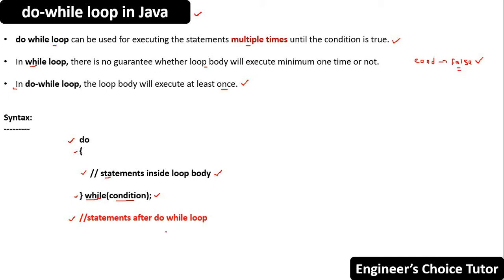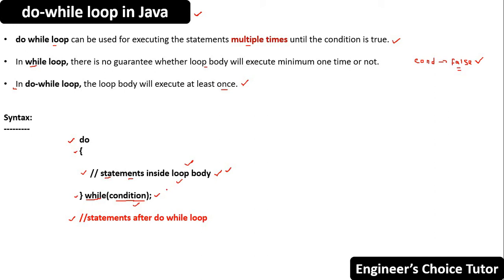So let's understand the flow here itself. First, the statements inside the loop body will execute, then the condition check will take place. If the condition is true, then the statements inside the loop body will execute again.